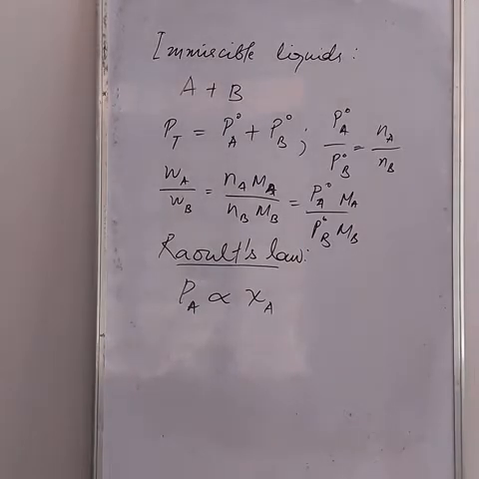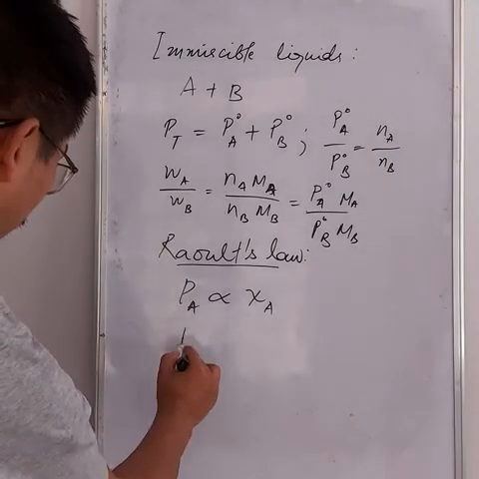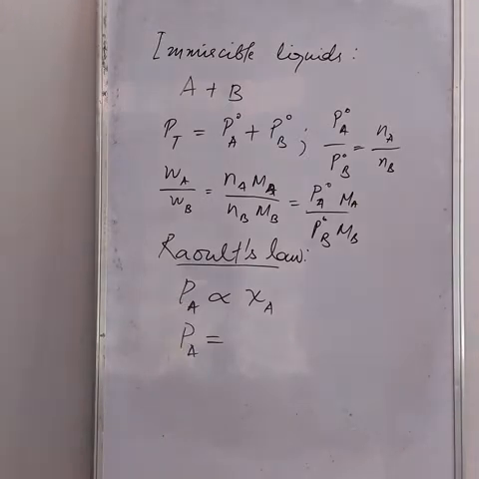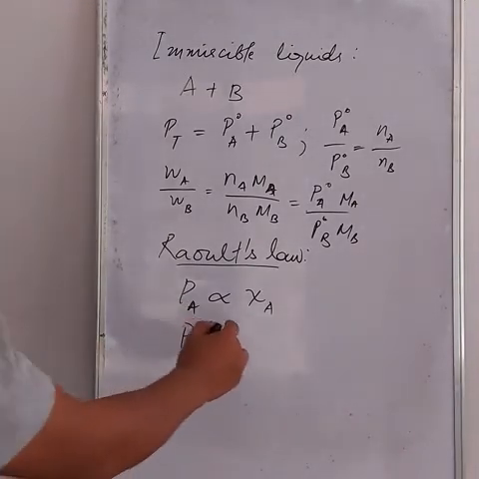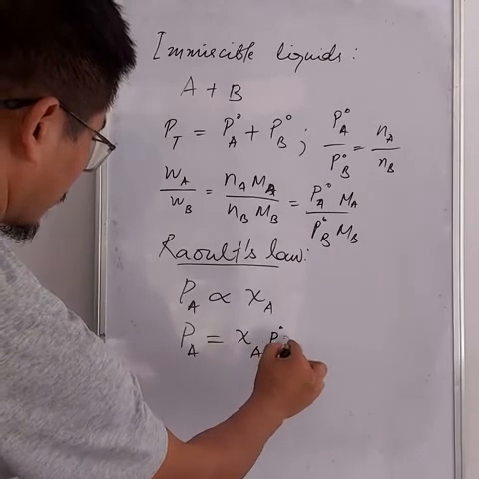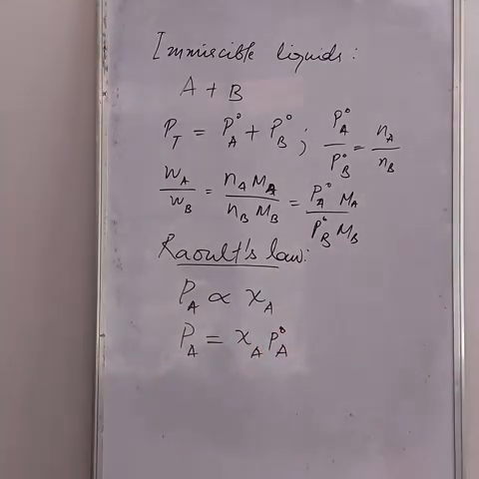So now the vapor pressure of the solvent will be equal to, if we change this proportionality sign, then we can add the vapor pressure of the pure solvent.